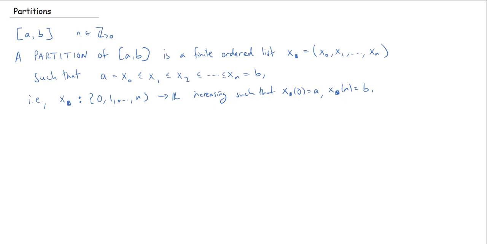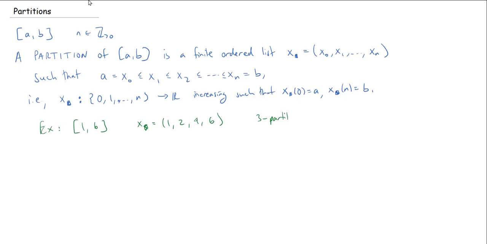So as an example, I might have the interval 1, 6. And I could write down x square, and I could say, how about this could be 1, 2, 4, 6. And this would be what we're going to call a 3 partition.